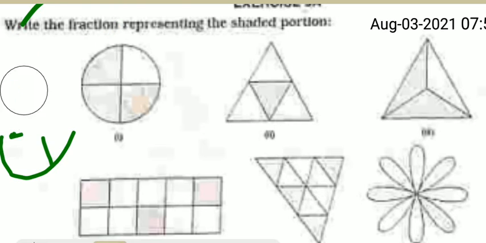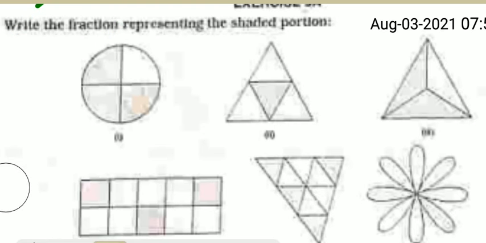So you have to write the fraction as 3 by 4. Total is 4, so the total you write in the denominator, and the shaded one you write in the numerator. That means 3 by 4 is the required answer. Clear?